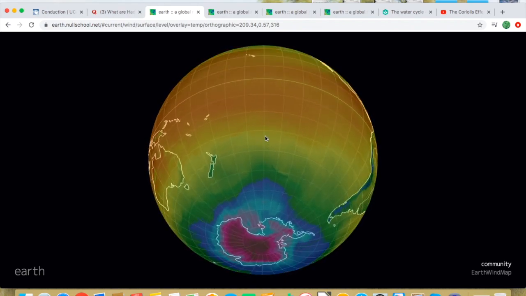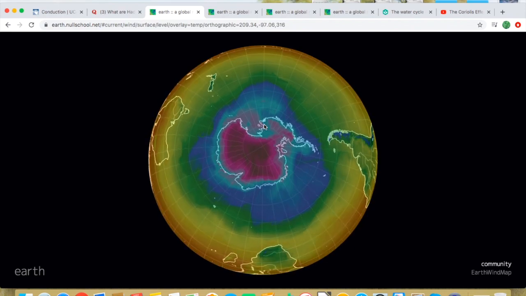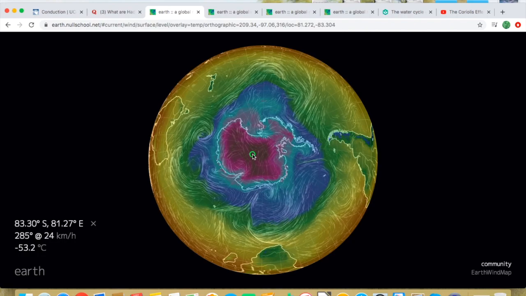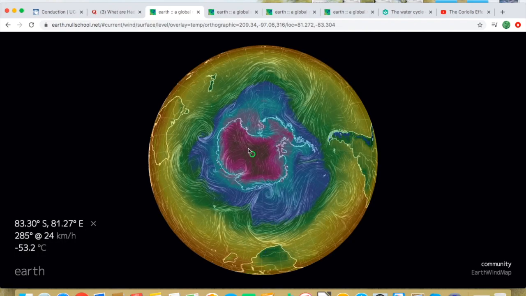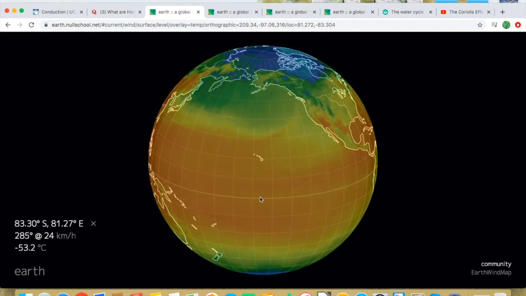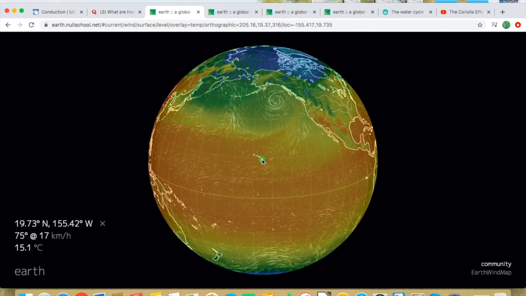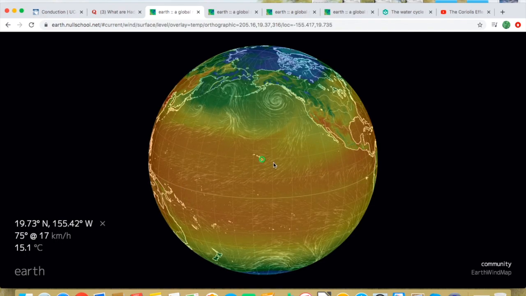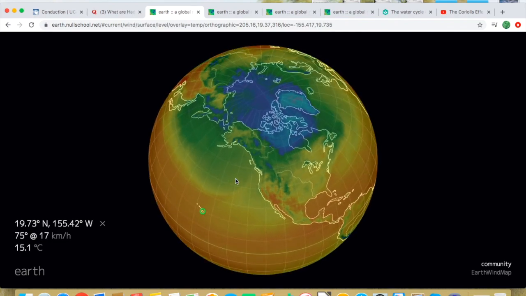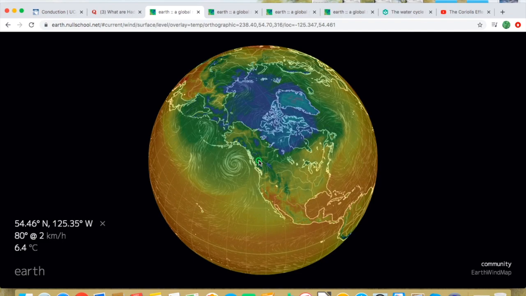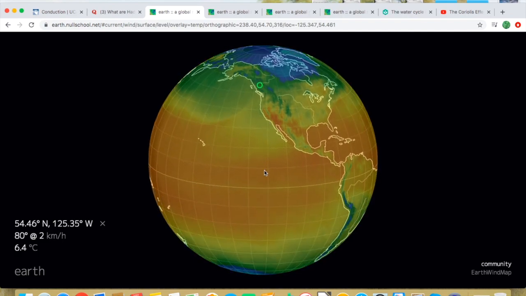In fact, it gets better than that, because we can actually find out how hot it is. At the South Pole right now, it's about negative 53.2 degrees Celsius. Isn't that cool? Whereas in Hawaii, it's 15.1 degrees Celsius, I guess because it's nighttime there. Here in Smithers, let's see where we're at. About 6.4 degrees Celsius. So this is a map of the global temperature.